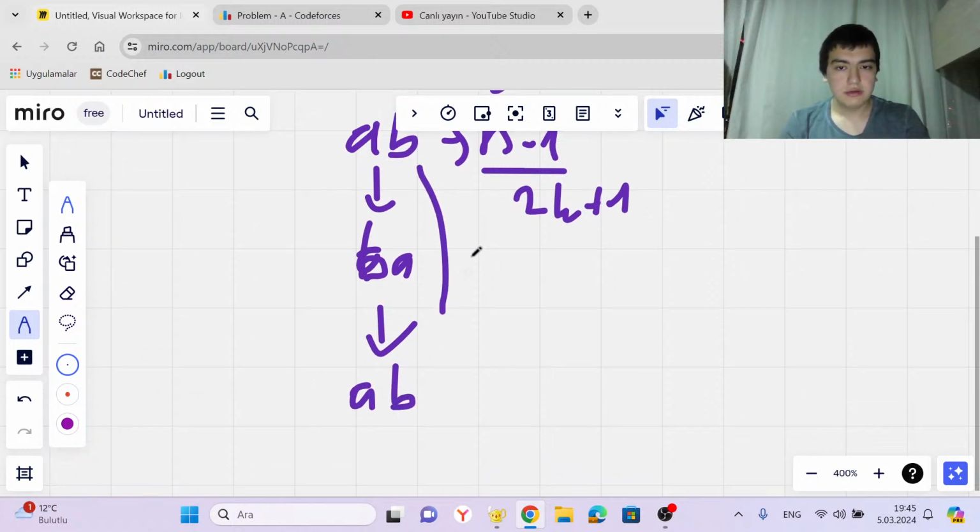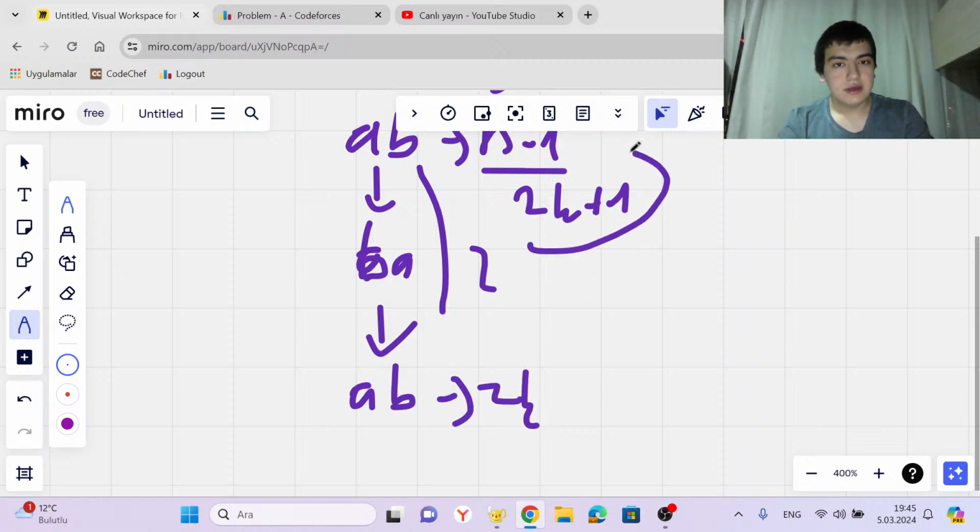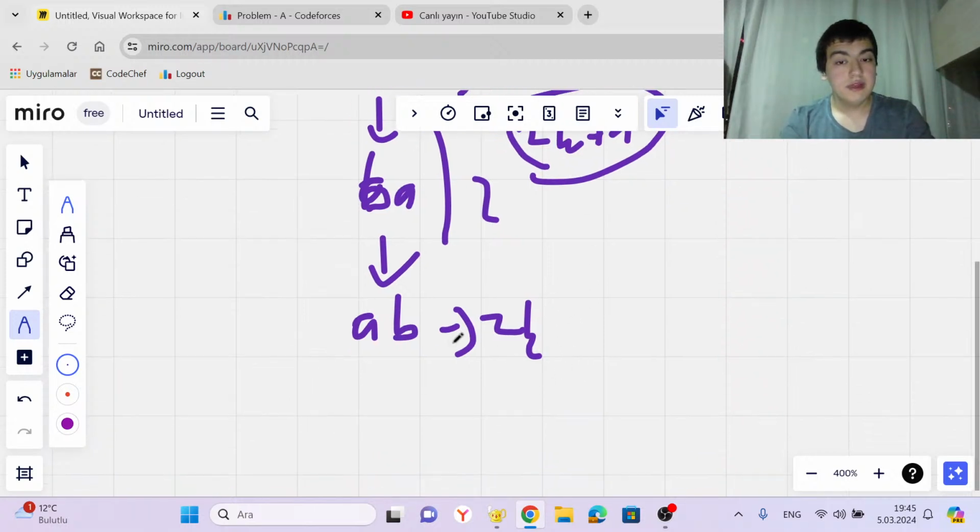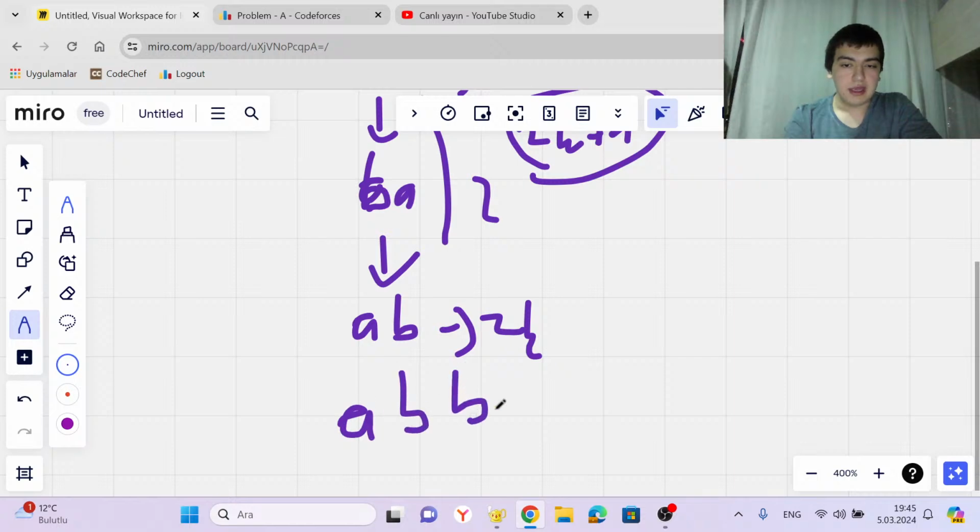This takes two operations, so we can obtain AB in 2k operations. But n is odd, so it is 2k plus 1, and we have one operation left to do. What can we do? We can do the first operation, so we get the string ABBA.